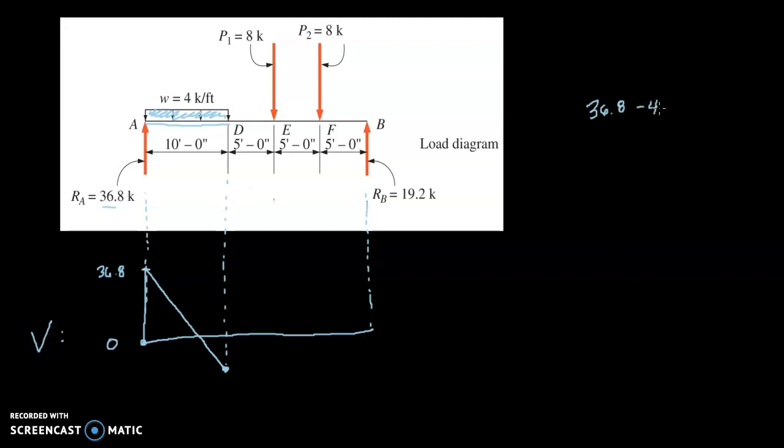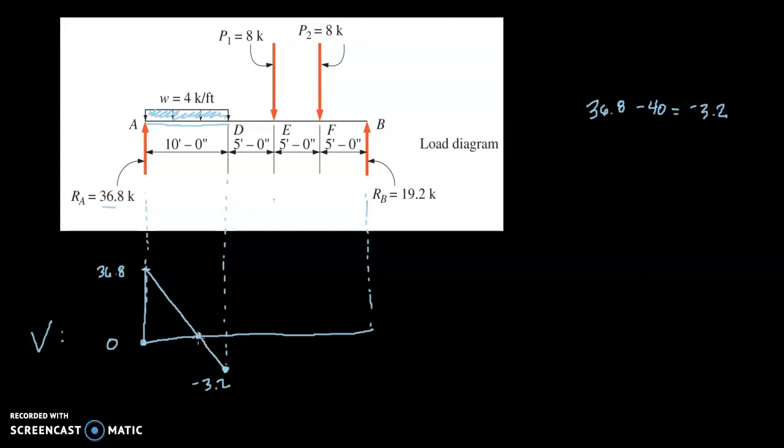I subtract 40 from that, and that leaves me with a negative value. It leaves me with negative 3.2. So that is the shear value at this point, negative 3.2.